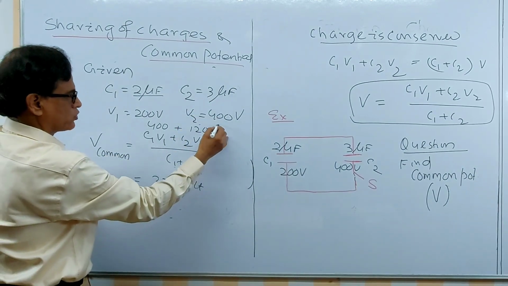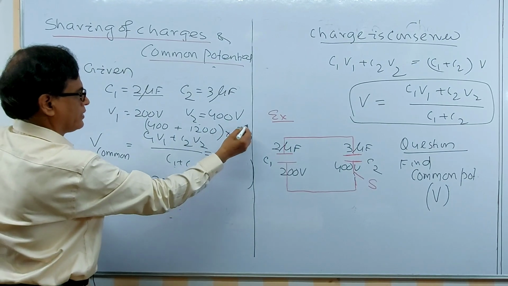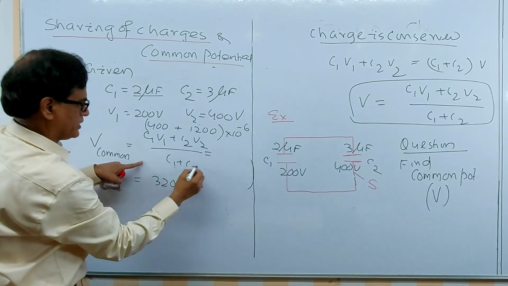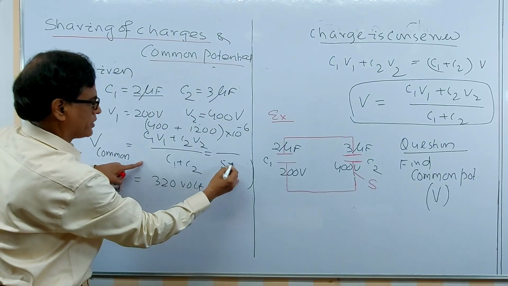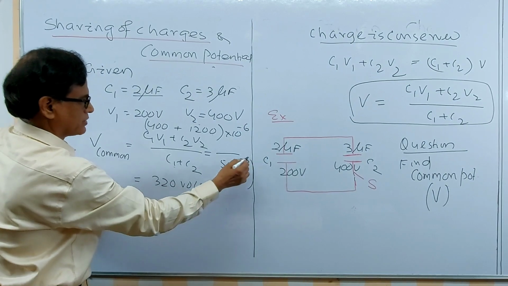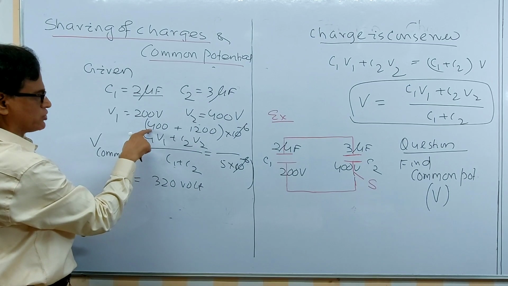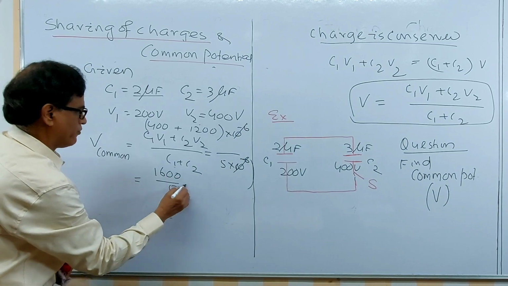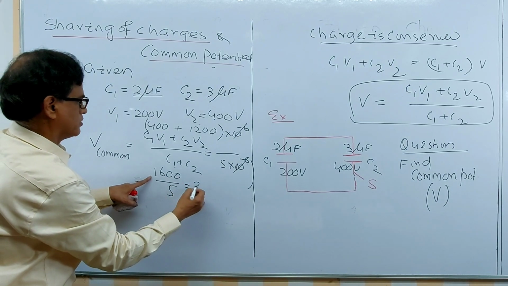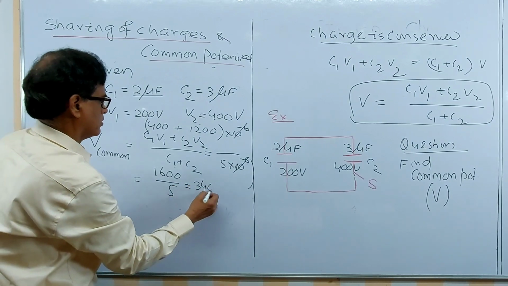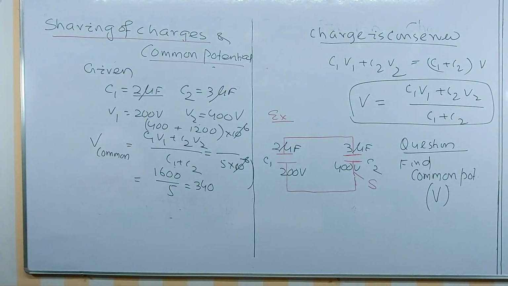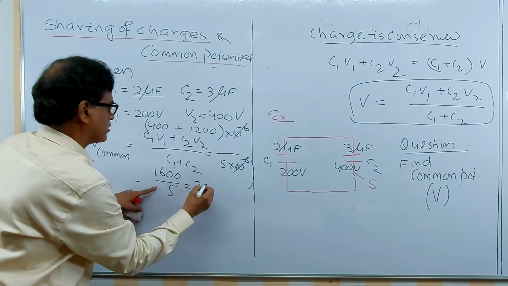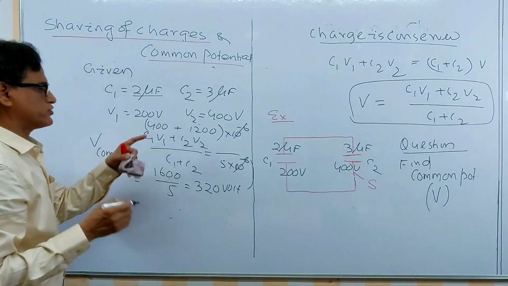The microfarad can be taken as 10 to the power minus 6 farad. C1 plus C2 is 2 plus 3, 5. That means this divided by 5 into 10 to the power minus 6. This cancels out. 400 plus 1200 is 1600. That 1600 by 5 gives 320 volt.